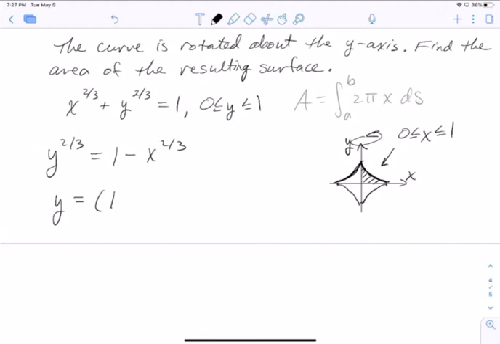So I have y equals 1 minus x to the 2/3, that quantity to the 3/2 power, because if I were to take x to the 2/3 to the 3/2 power, I would get x to the first. The 2 in the denominator of the exponent indicates a square root. Ordinarily, I would need a plus or minus, but we've already been told that y will only be positive.